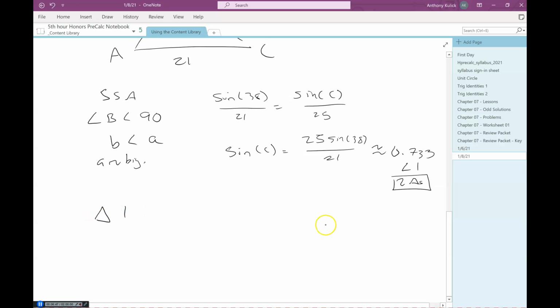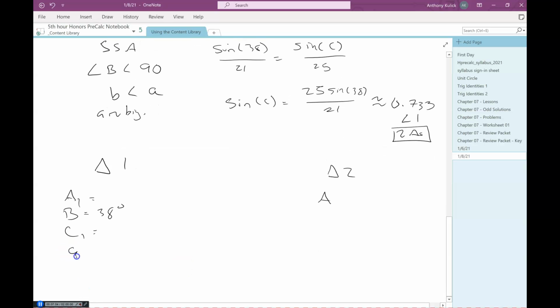So I'll make two little columns for my work. So triangle 1 and triangle 2. And I'm going to refer to these with some subscripts, so it's a little bit easier to keep track of everything. 1 and 25.